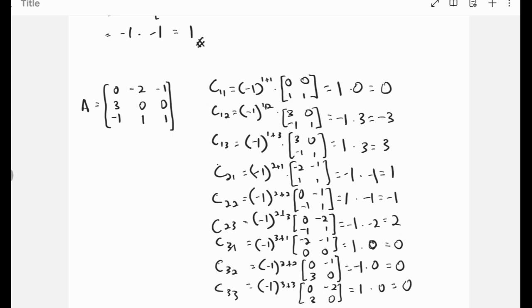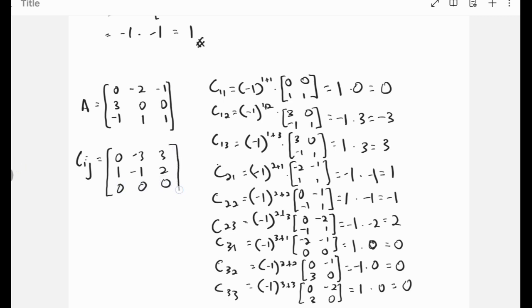So how to write it down, the cofactor matrix for this one? It's actually equal to 0, -3, 3, 1, -1, 2, 0, 0, 0.